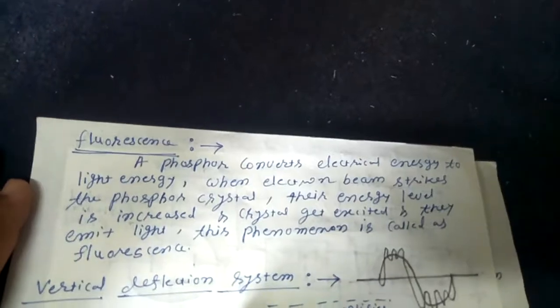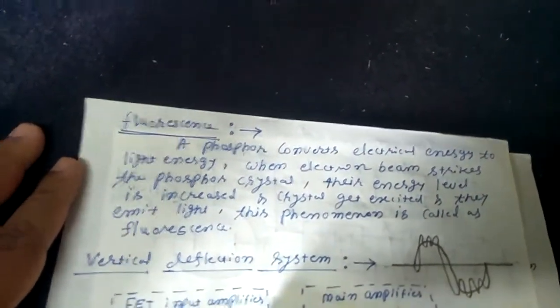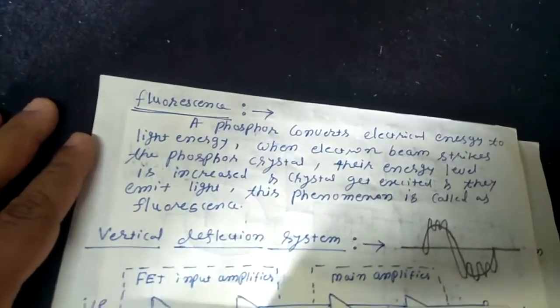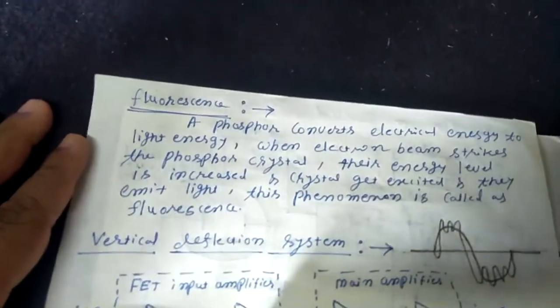When your electron beam strikes the screen, that electrical energy is converted into light energy, and the electron beam appears as a light beam on the screen, which is the waveform.